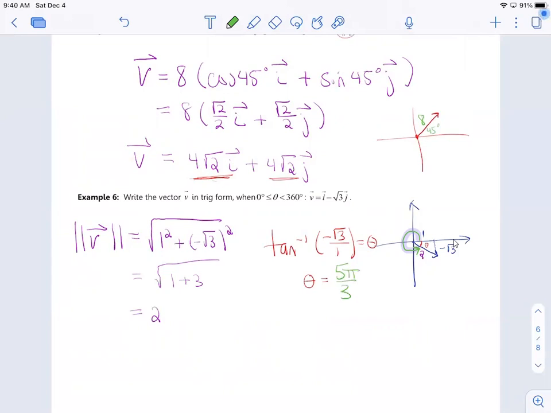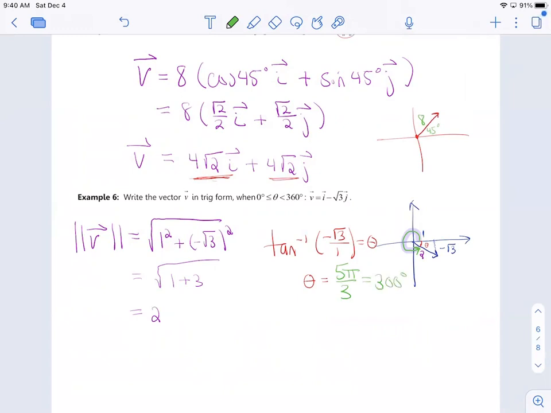And it wants it in degrees, so let me put that into degrees. That will end up being 300 degrees.